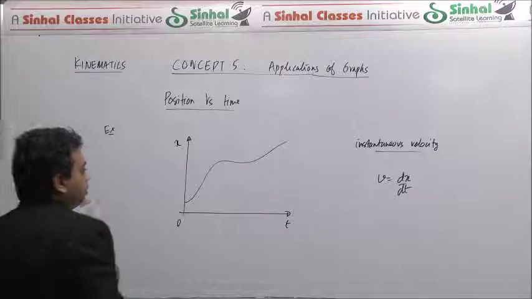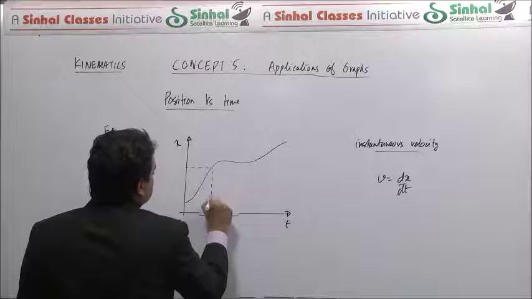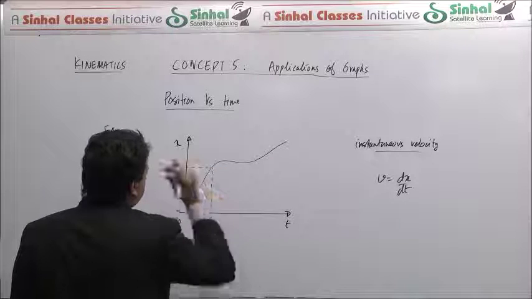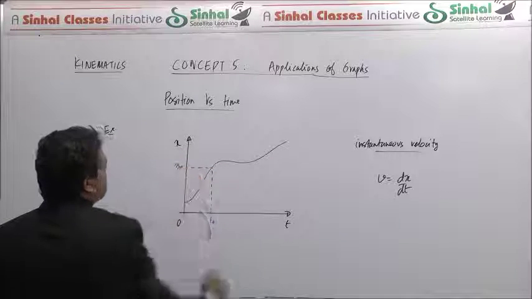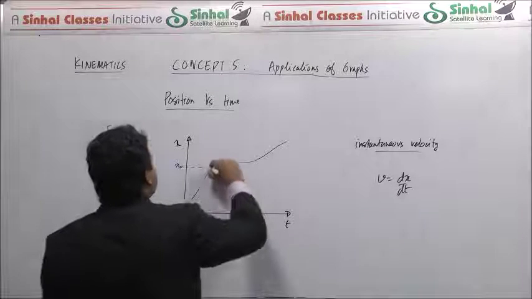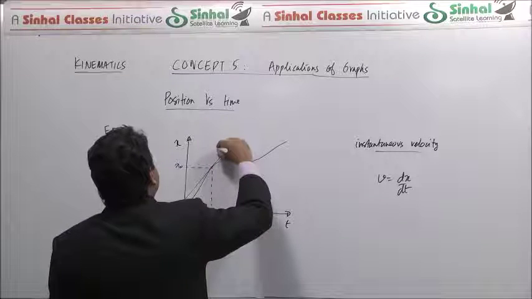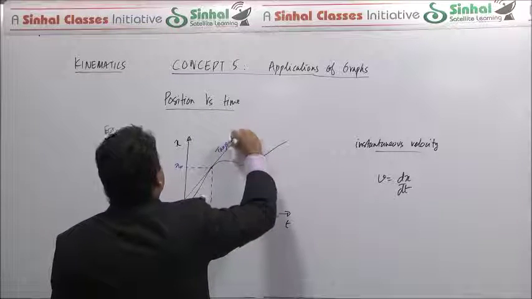So if we are looking at a particular instant of time, let's say t naught over here, and the position at that point of time is x naught, and we want to find the velocity at time t naught, it would be nothing but the slope of the tangent drawn at that point.